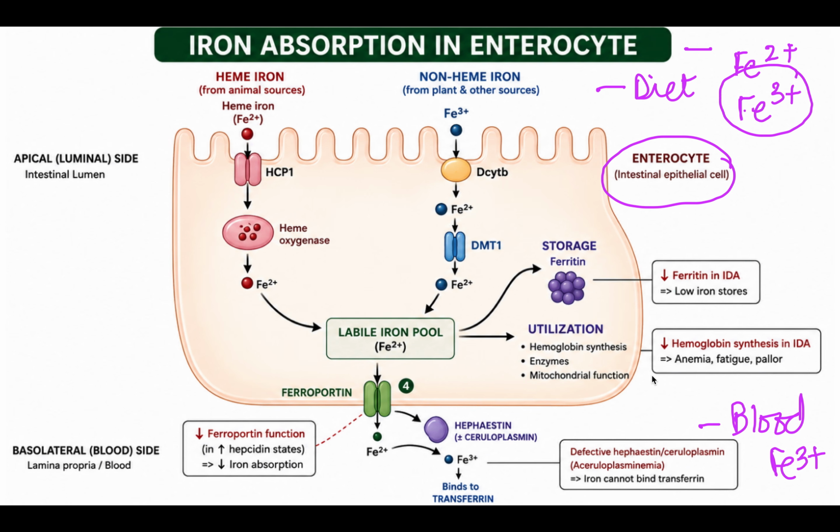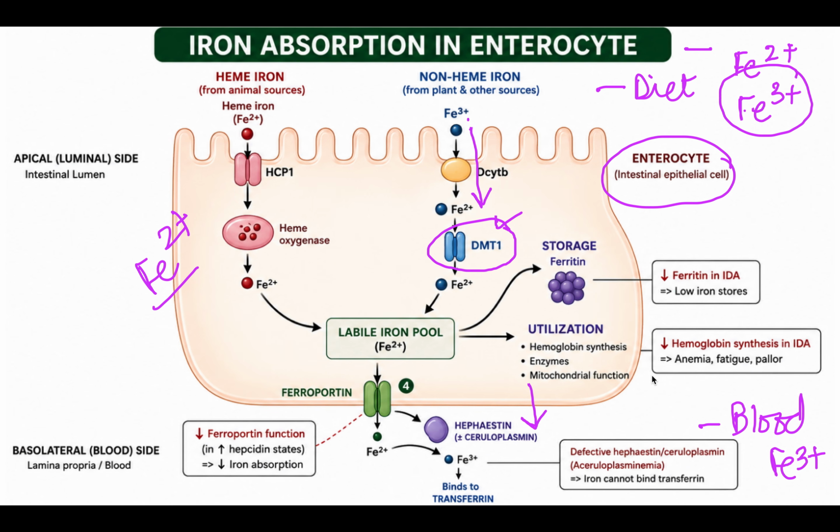But when it has to enter into the enterocyte and go out of the enterocyte, it has to be in the ferrous form. So if your diet has Fe3+, it will convert itself into Fe2+ with the help of gastric acids, and then it will enter into the enterocyte with the help of DMT1, that is divalent metal transporter.